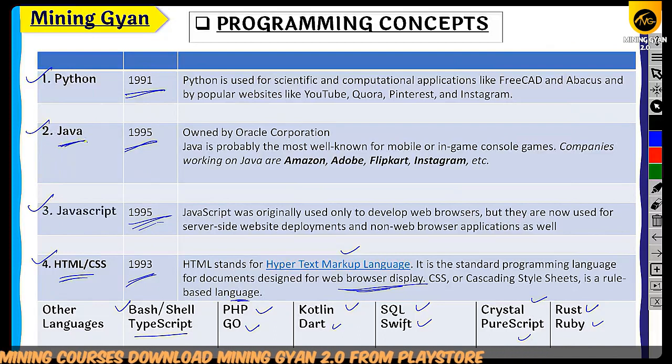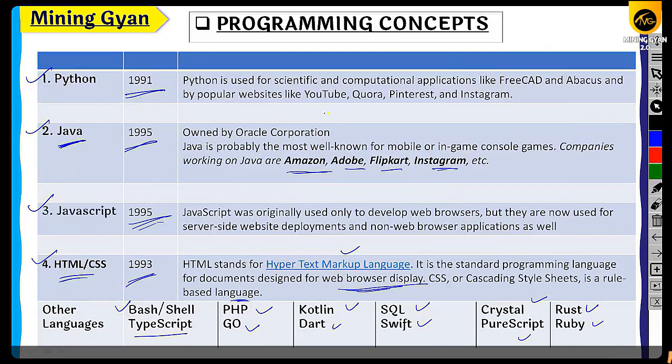Companies working on Java include Amazon, Adobe, Flipkart, Instagram. These famous brands use the Java programming language. It is owned by Oracle Corporation.